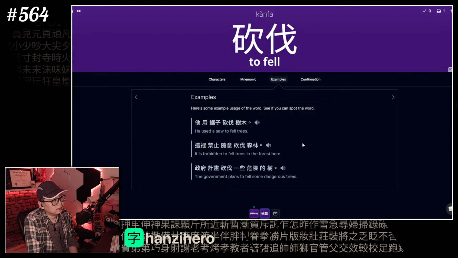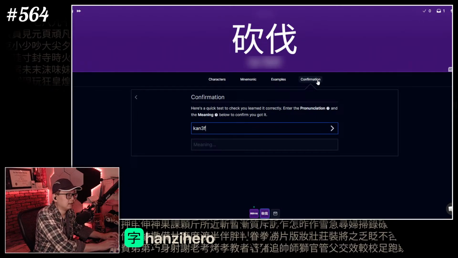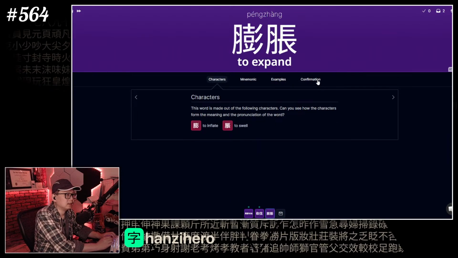政府计划是划, right? This is 计 and then 划, hopefully for plan. 计划刊发一些危险的树。Yeah, 计划。Oh, yeah, 计划。砍发膨胀。Peng is to inflate, I guess that's fine.